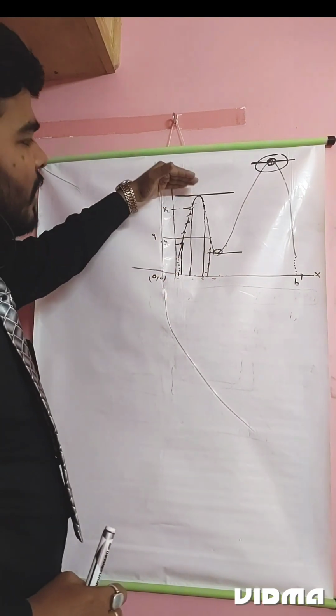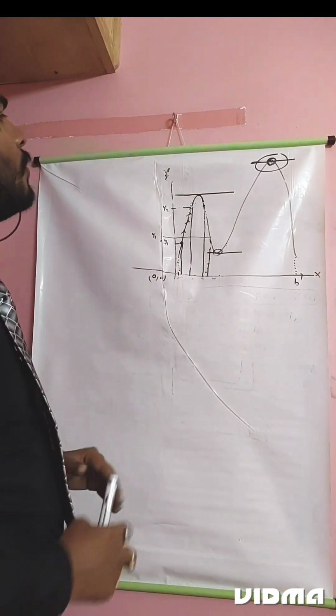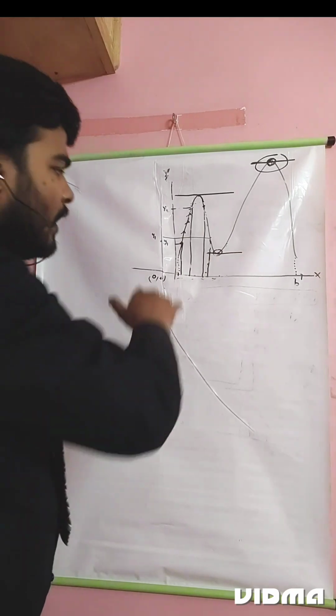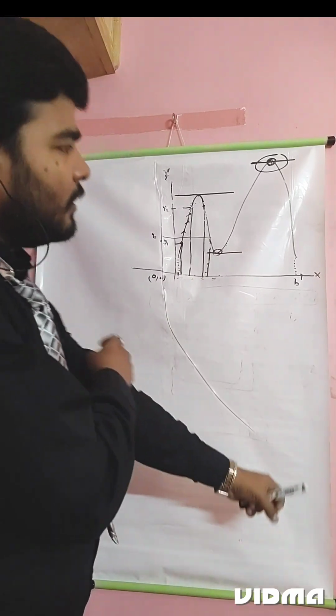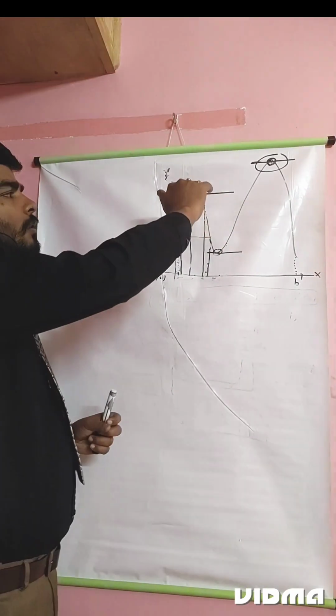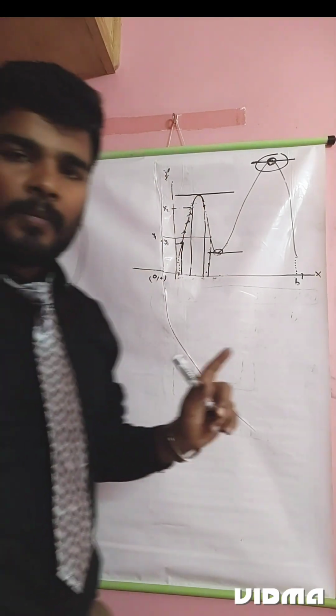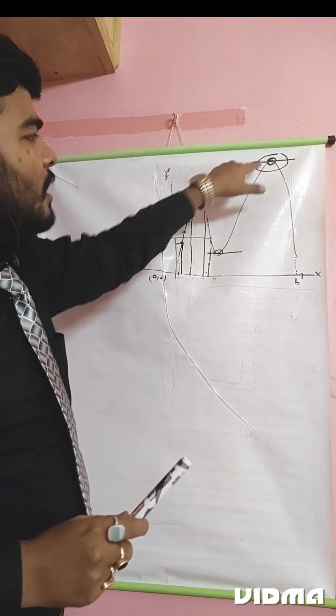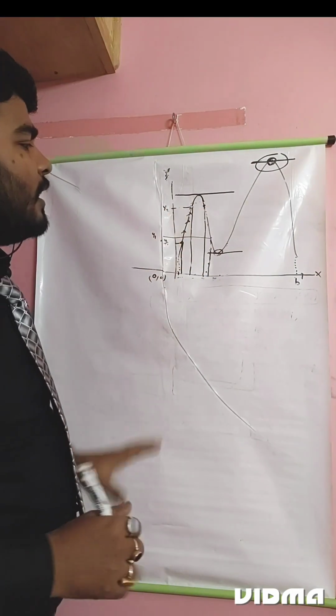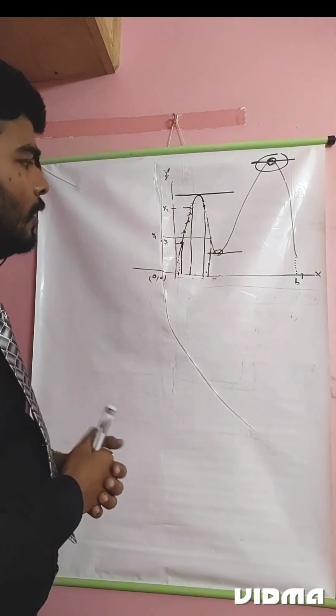So if you draw any tangent at the critical point, the tangent will be parallel to the x-axis. That means the tangent makes an angle of 0 degrees with the x-axis.